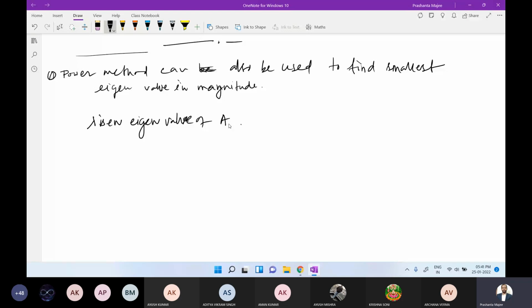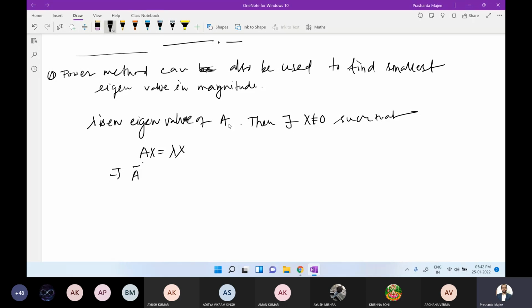Then there exists x not equal to 0, a non-zero vector x, such that A times x equals lambda times x. Okay, so now what you do? You pre-multiply the equation by A inverse.